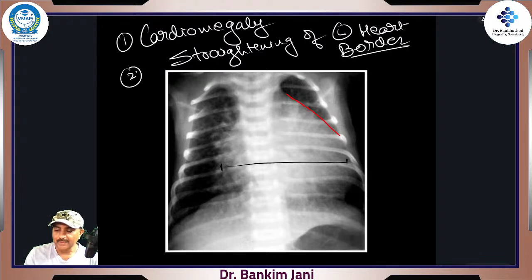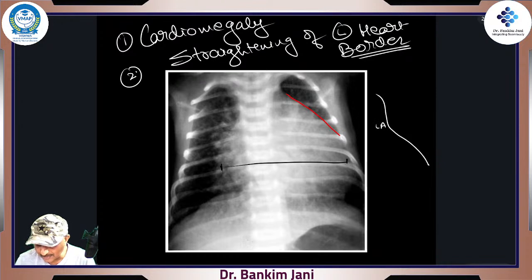Otherwise, it happens like this, right? This left atrium is over here, left ventricle is over here, and this was the pulmonary conus. Left atrium, when it is enlarged, it bulges, and it fills up this space. So it becomes left atrial enlargement, right?